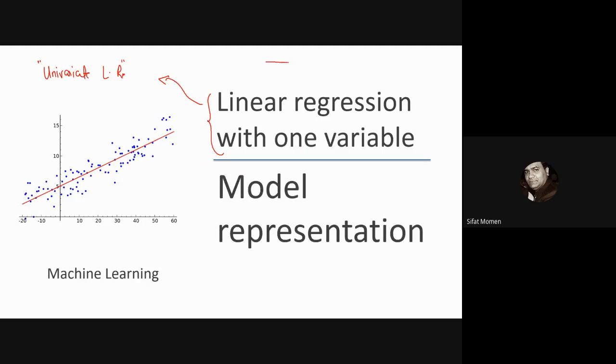It means you have a data set, because this is still supervised learning, so you have features and a target. If you have only one feature and one target, this is an example of a one variable or univariate linear regression. Is it clear? Yes, sir. Okay.